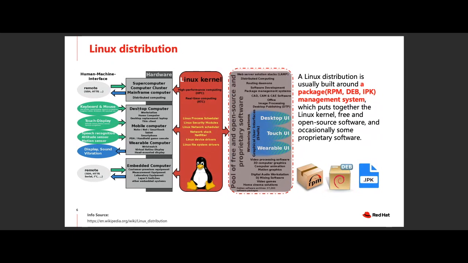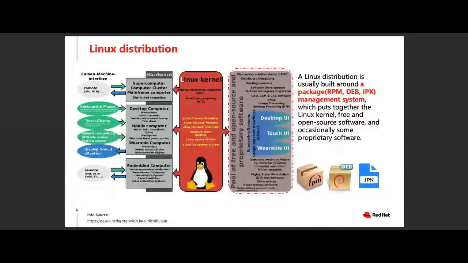There are also some distributions that manage software by downloading it from the website and recompiling it directly on the host, like Gentoo. So the Linux distribution helps you manage all the applications and binaries on your system. Next, please.